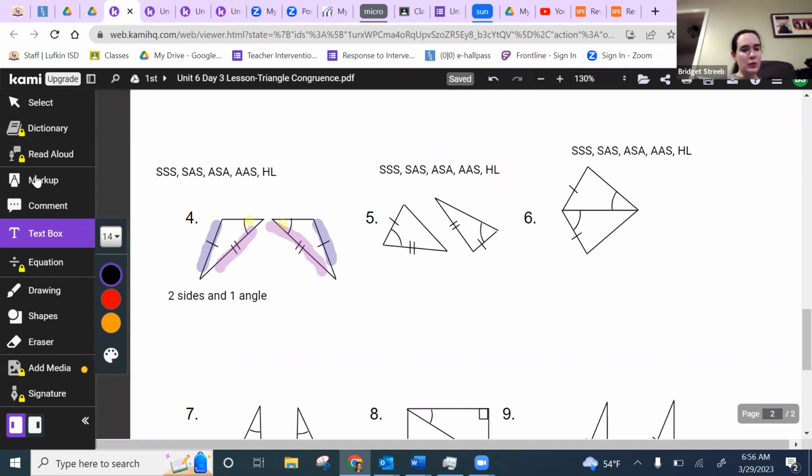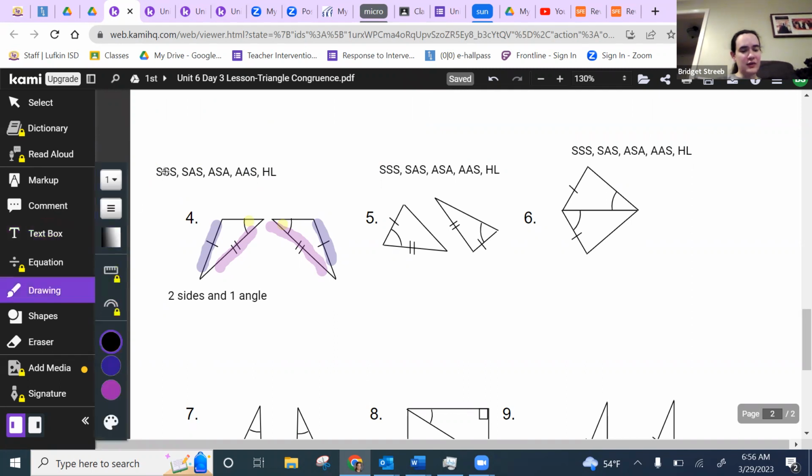So we can automatically get rid of side, side, side, angle, side, angle, and angle, angle, side, because all of those don't have two sides and one angle.